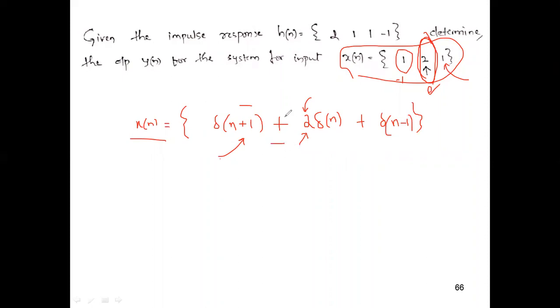Why the term superposition? I have superimposed 2 to 3 signals. See the weights: here the weight is 1, here the weight is 1, here the weight is 2. Weighted superposition of shifted, you can see +1, -1, and scaled impulses.